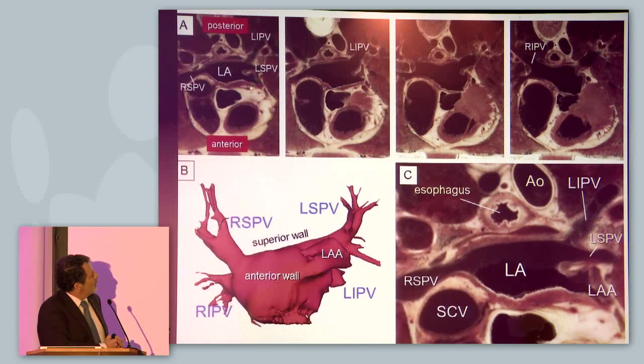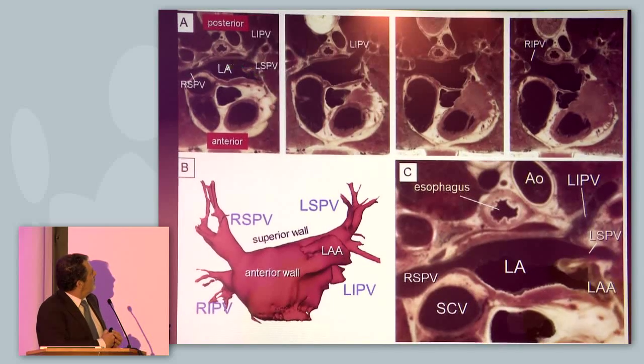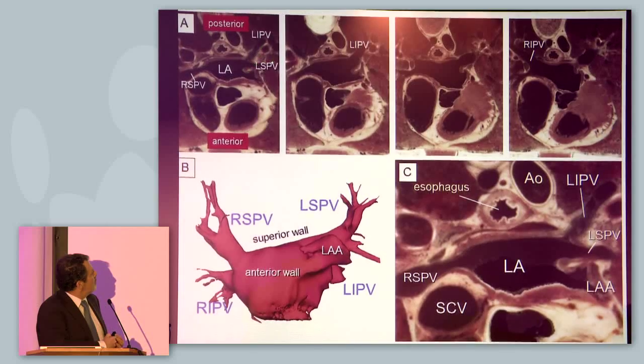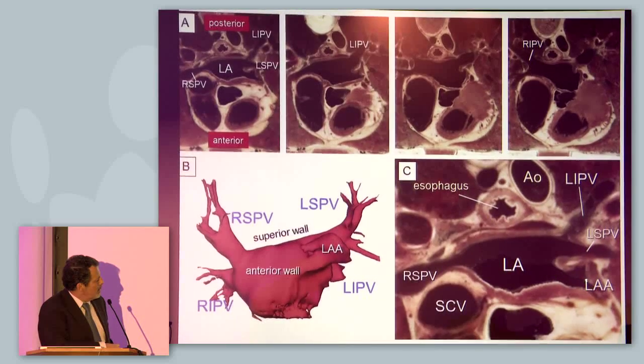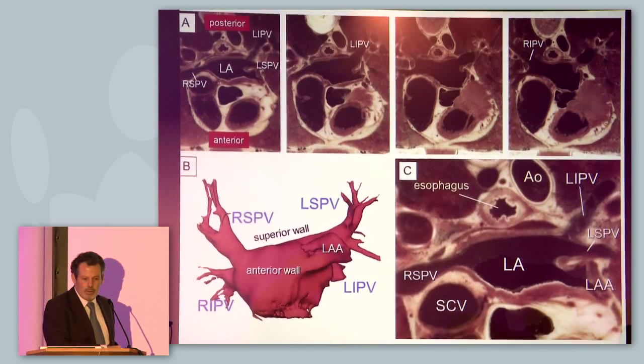Note from superior to inferior, this is anterior, this is posterior, and note the left atrium, left inferior and left superior pulmonary vein, and the left atrial appendage. This is the left atrial appendage. Here you can see an enlarged image; the left atrial appendage lies in the atrioventricular groove.